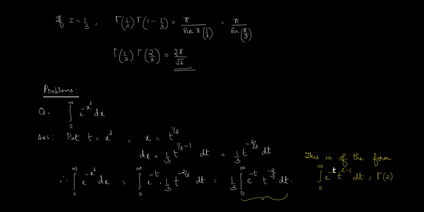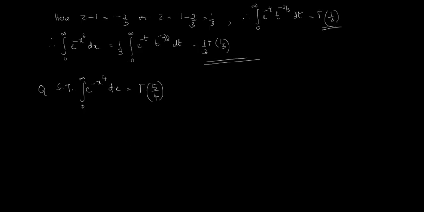So from z minus 1 equal to minus 2 by 3, you can find out what is the value of z. So if this integral is gamma of z, then this integral would definitely be gamma of z for that particular value of z which you evaluate from here. Now what is that particular value of z? It is 1 minus 2 by 3 and it is 1 by 3. So this integral is nothing but gamma 1 by 3.